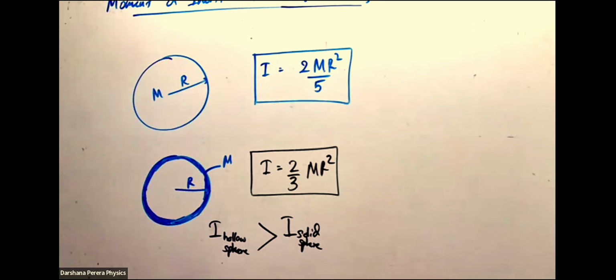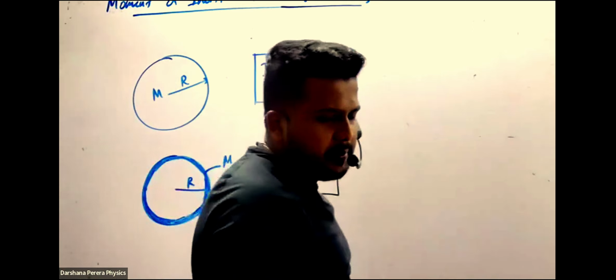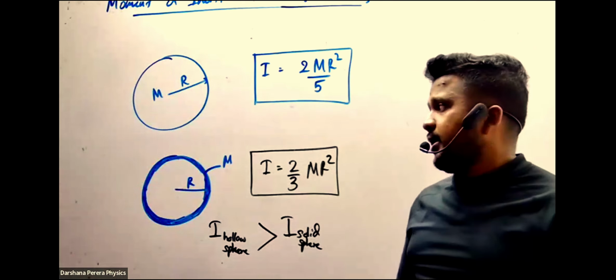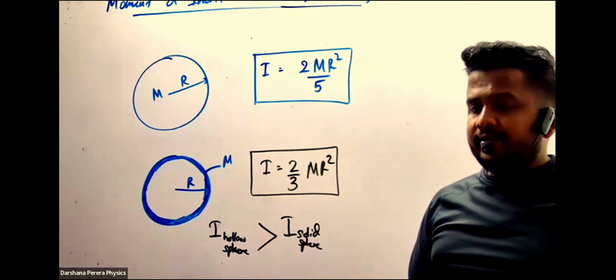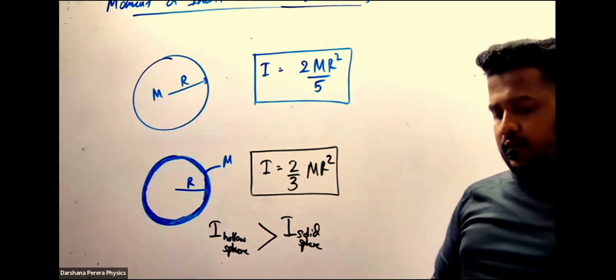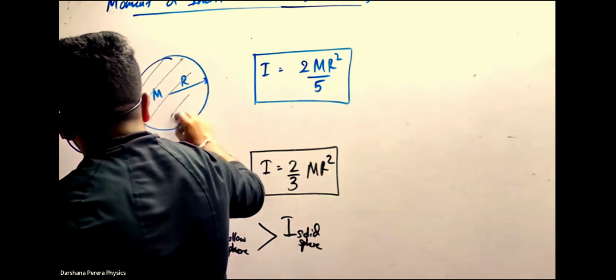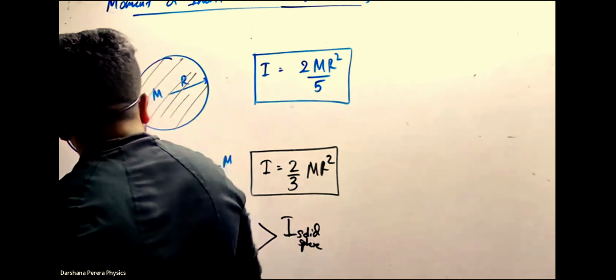The mass distribution of the hollow sphere is higher than the mass distribution of the solid sphere. It is around every point.